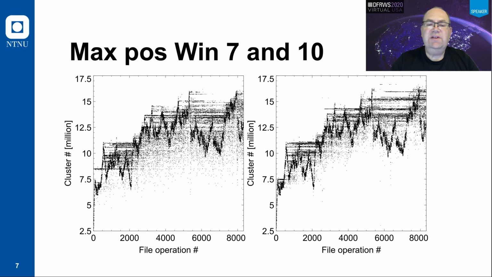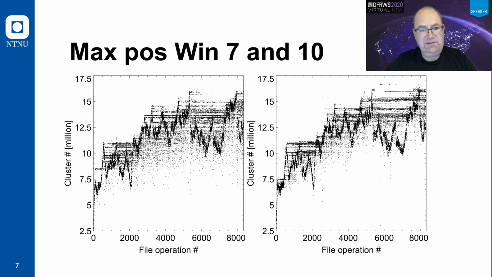And as you can see, Windows 7 doesn't always use new areas. When the utilization increases, new areas of the disk are used, but Windows 7 continues to use maximum allocation positions well below the utilization curve. You also have the leeway effect.